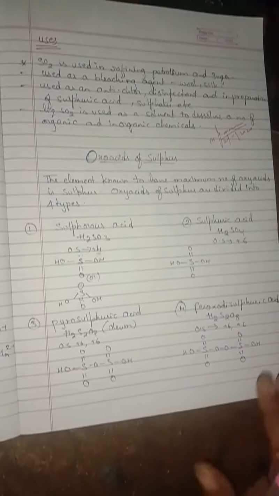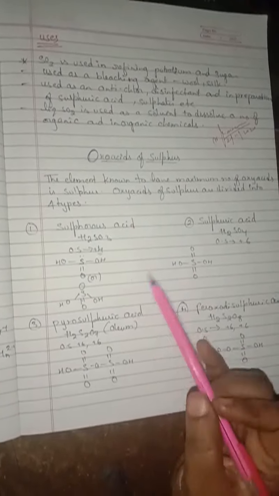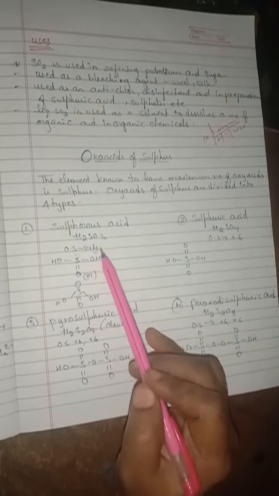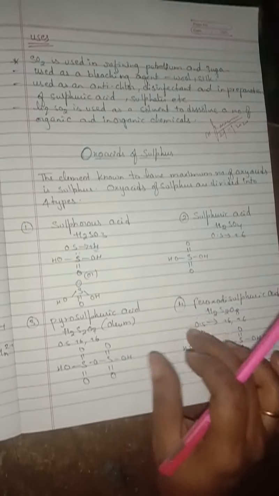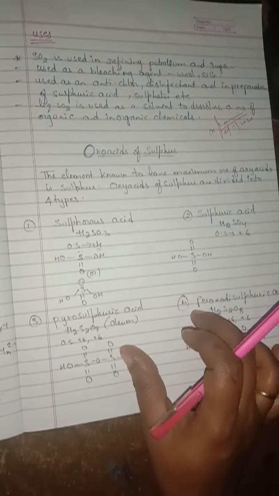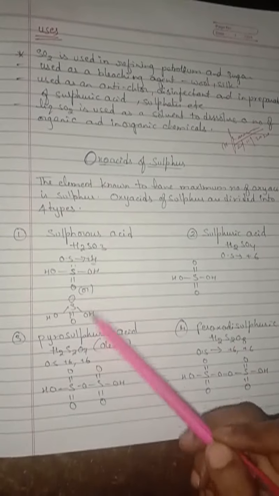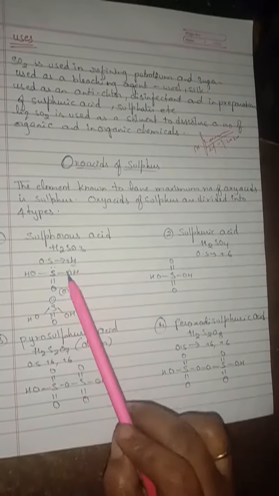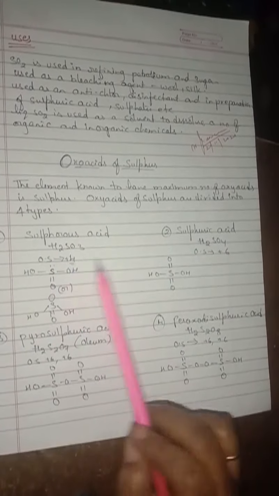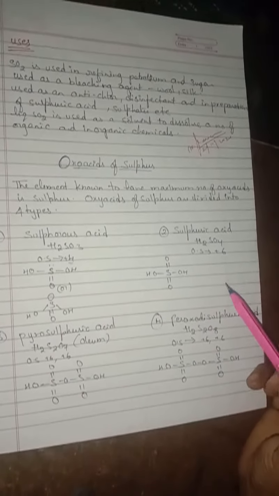The central atom sulfur undergoes sp3 hybridization with tetrahedral geometry, and each oxyacid of sulfur has 2 hydroxyl groups, so its basicity is 2. I have given the structures and the oxidation states of sulfur, and I think you remember how to find the oxidation state. So this is about oxoacids of sulfur. Thank you, children.